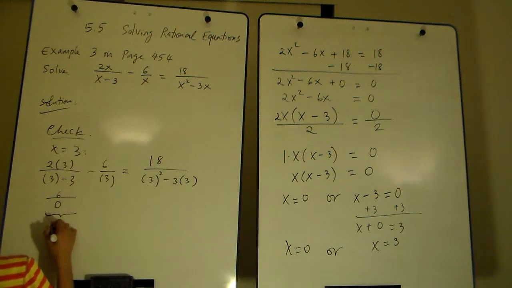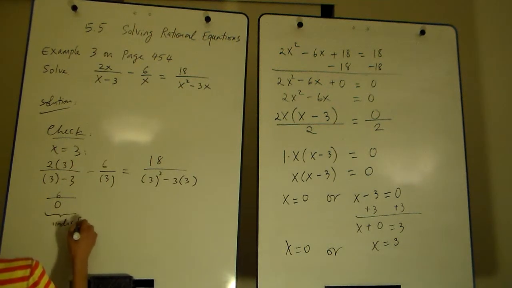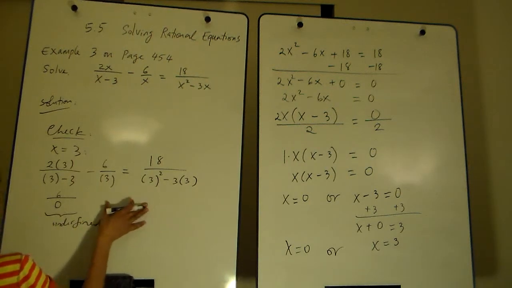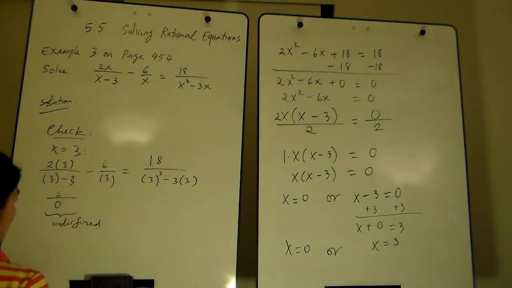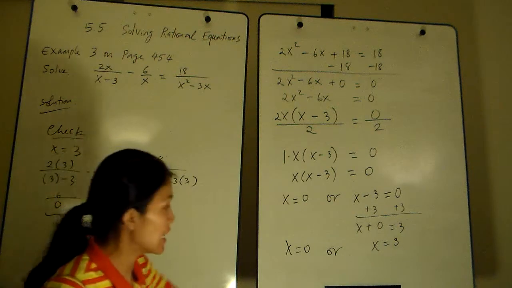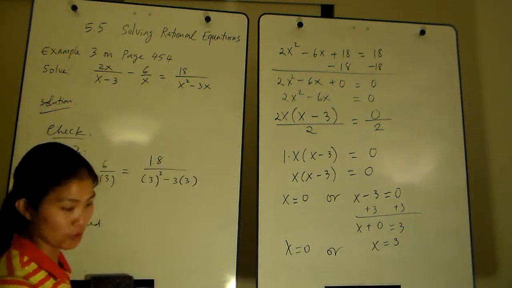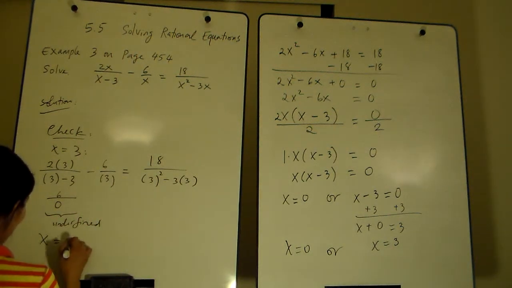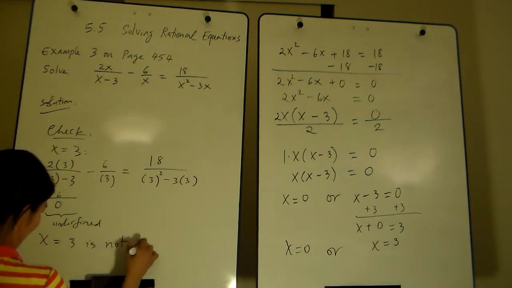This is undefined again. So no way you would get the left-hand side equal to the right-hand side. So again, x equals 3 is not a solution.